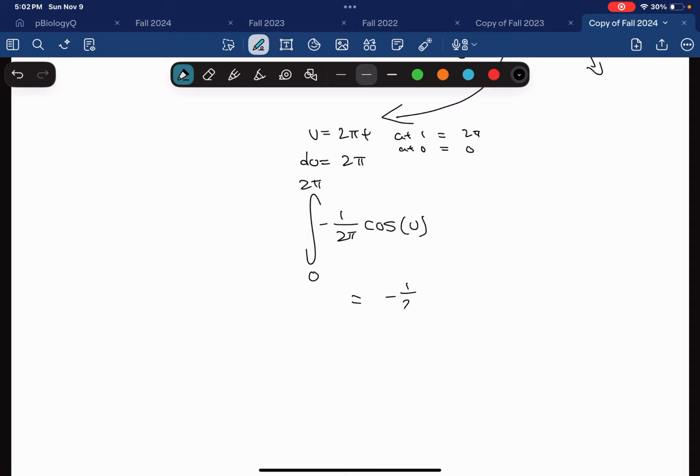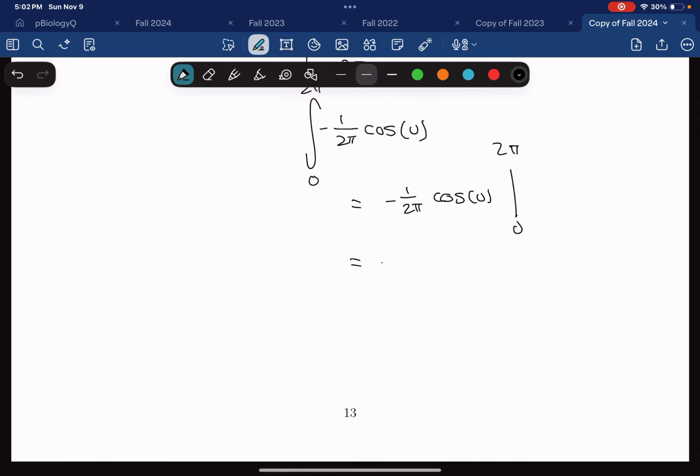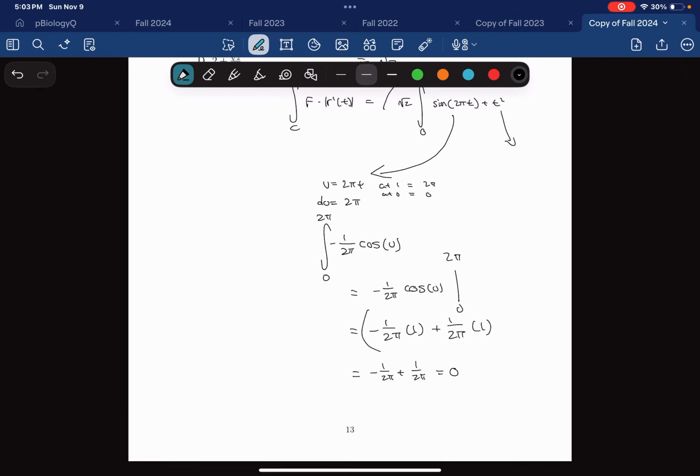So negative 1 over 2 pi cosine of u from 0 to 2 pi is simply equal to negative 1 over 2 pi cosine of 2 pi, which is just 1, minus, I guess plus in this case, 1 over 2 pi cosine of 0, which is also just 1. So you get negative 1 over 2 pi plus 1 over 2 pi. You go to 0. Quite disappointing, I must say.